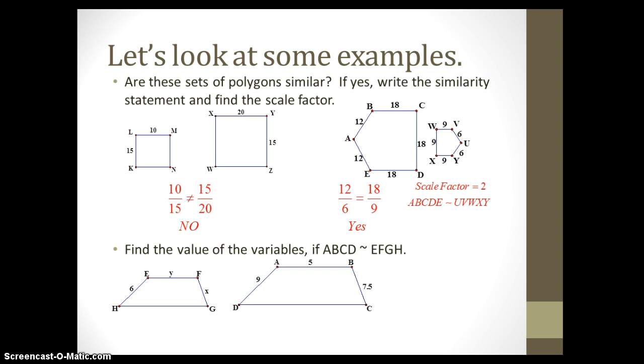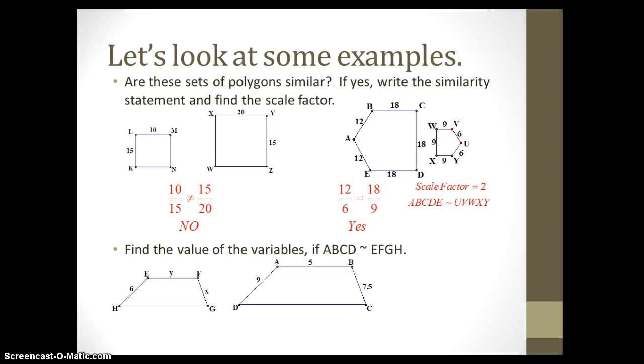And we will list our polygons in order. So A, B, C, D, E is similar to U, V, W, X, Y. And in this case, since we actually don't know any differently, we could also list it the reverse, U, Y, X, W, V. But we have these two polygons similar.